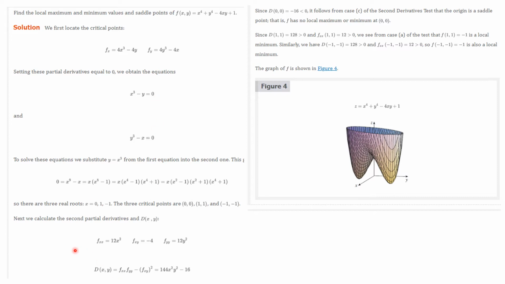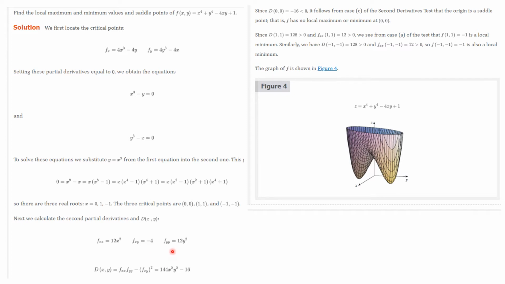Now we're going to calculate the second partials and find the expression D of x, y. So the second partial with respect to x is going to be 12x squared. The cross partial is going to be minus 4.